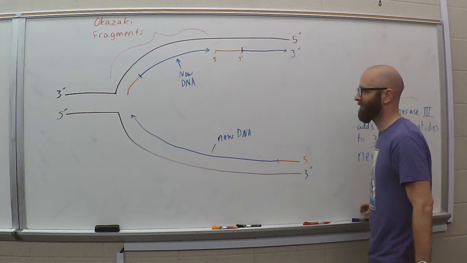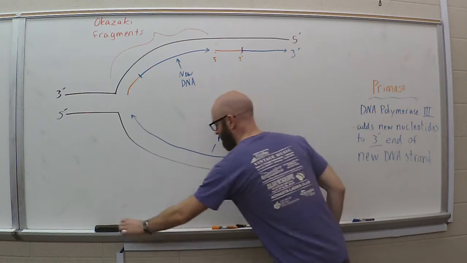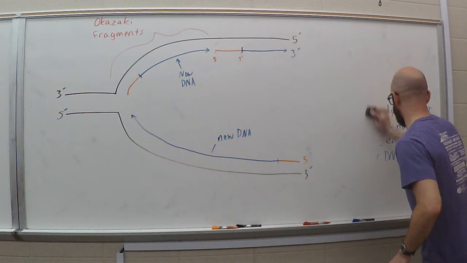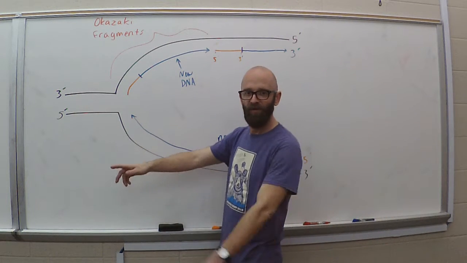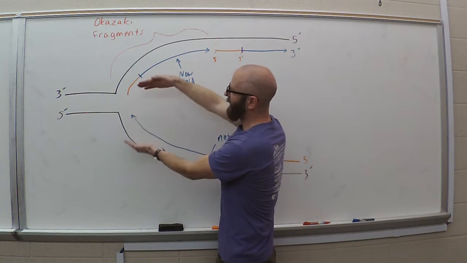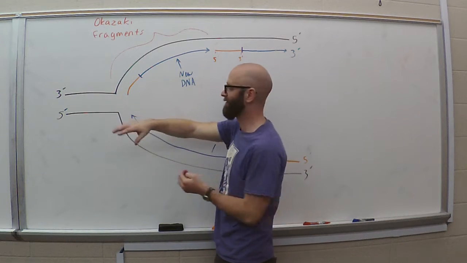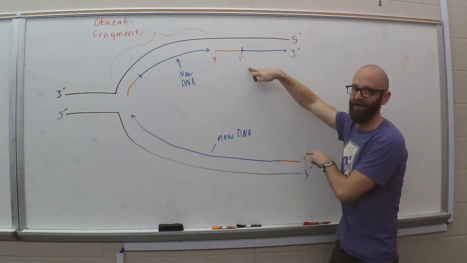So what you end up with, at every replication fork, there are two strands, right? At a replication fork, you break apart the double-stranded DNA helix into two strands of DNA.